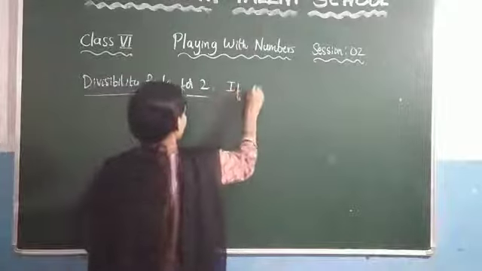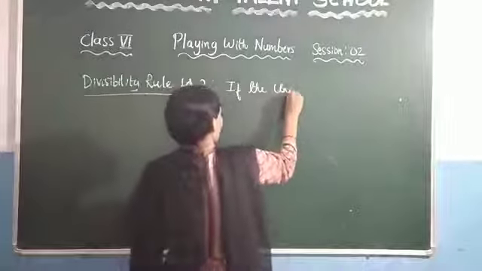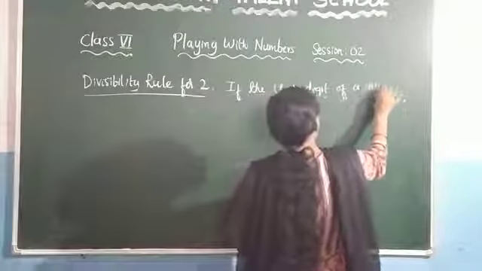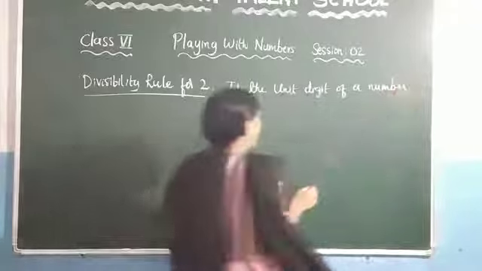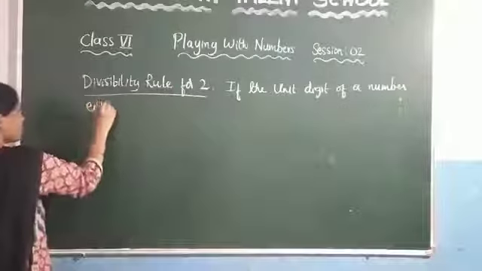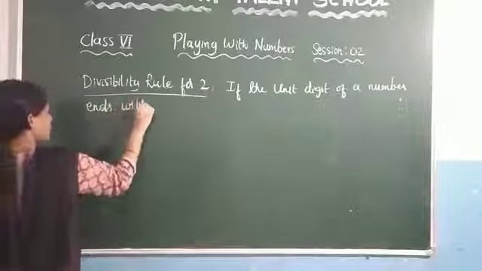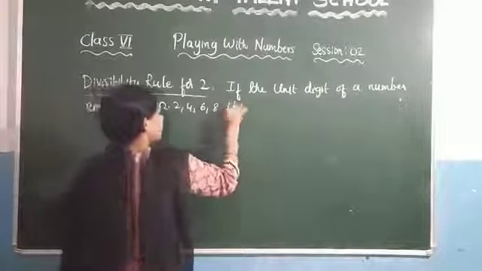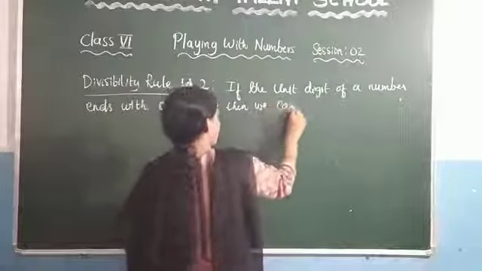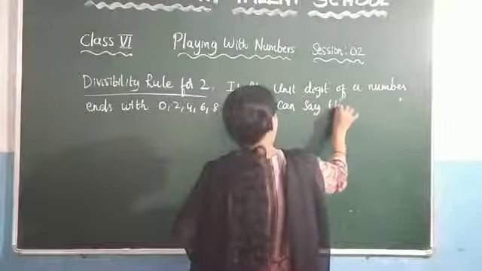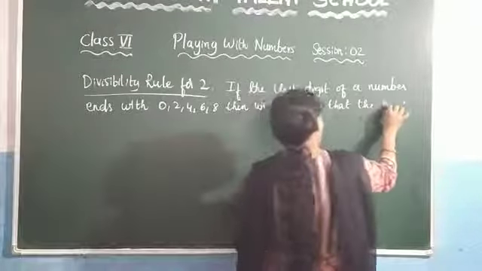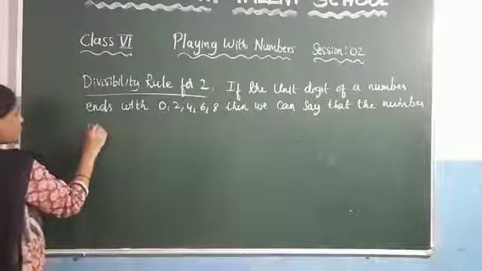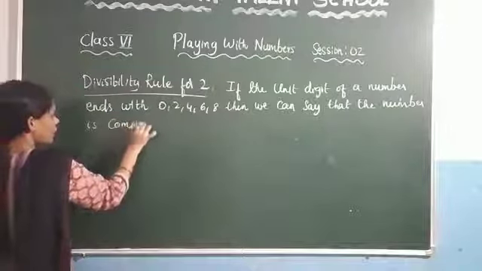If the unit digit of a number ends with 0, 2, 4, 6, 8, then what can we say? Then we can say that the number is completely divisible by 2. That means the remainder must be equal to 0.